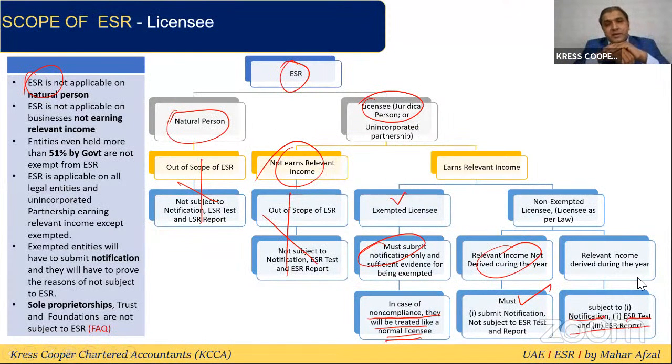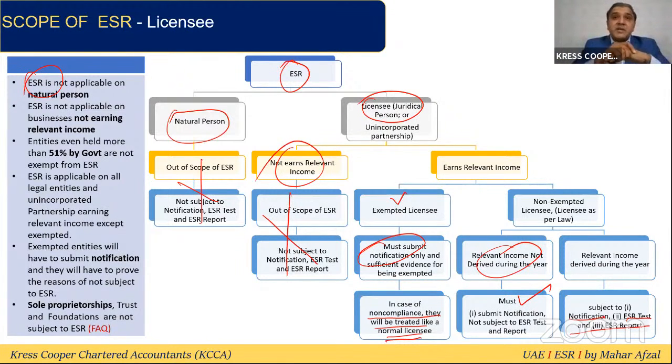See, first of all, natural persons are not subject to ESR. We have set them aside. Now it comes under the juridical person or unincorporated partnership. In the juridical person, we need to look at whether this juridical person or unincorporated business is earning any income. If they are not earning any income, we'll keep it aside. It will not be subject to ESR.